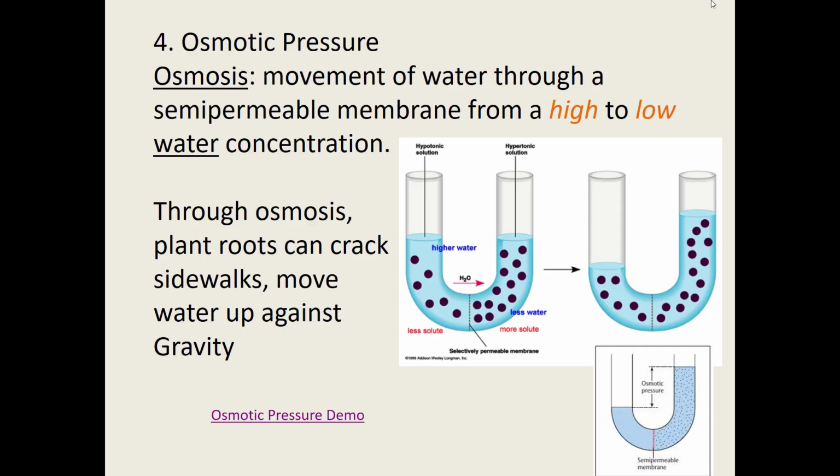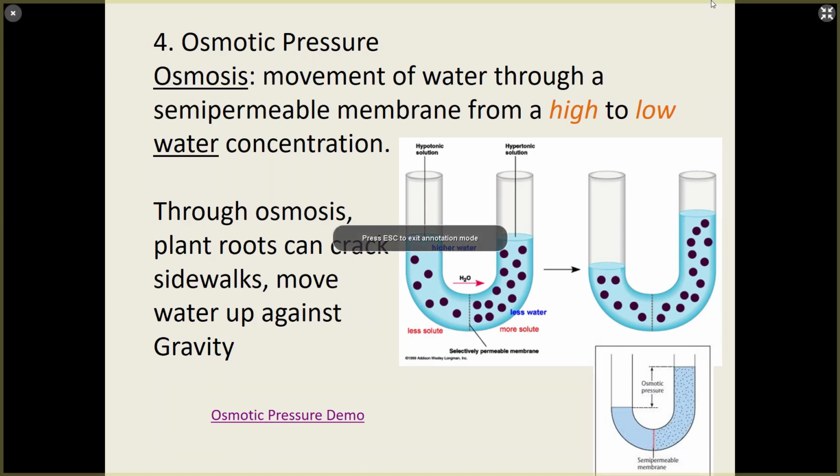Our fourth colligative property is called osmotic pressure. Osmosis is the movement of water through a semi-permeable membrane from a high to a low water concentration. So water will always go from high to low. Let's look at our very first picture right here. We see that the particles are represented with little dots, and on the left-hand side we have a higher water concentration.